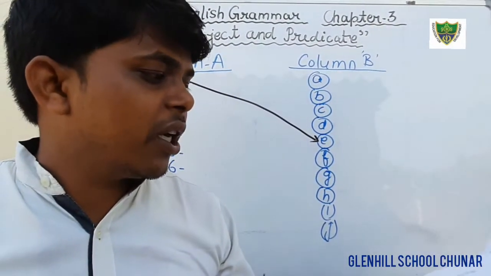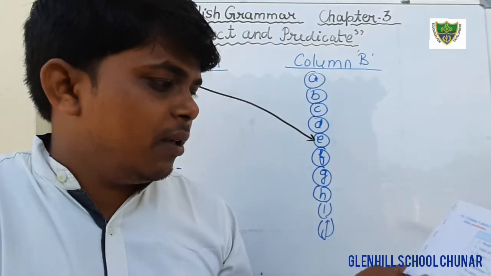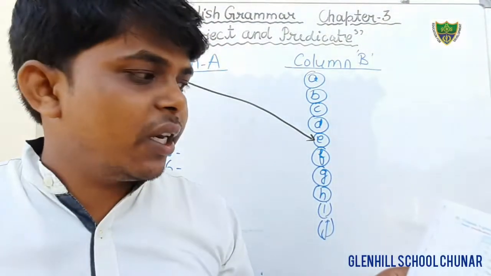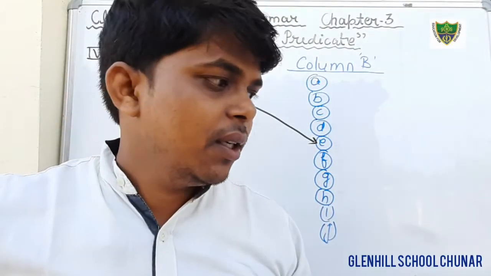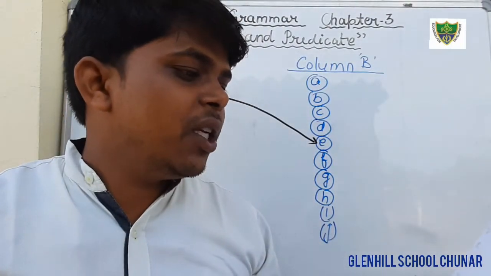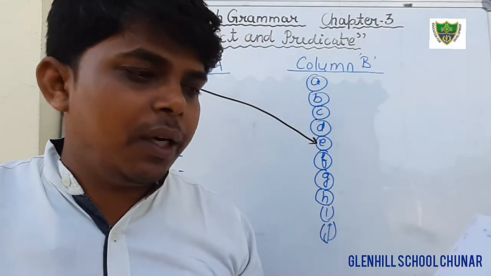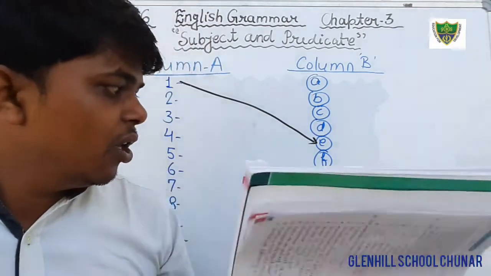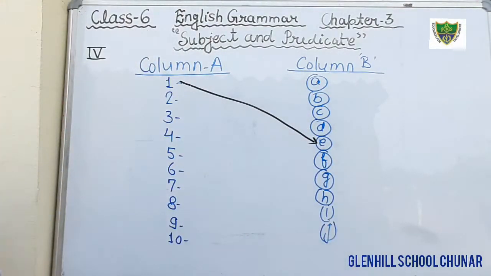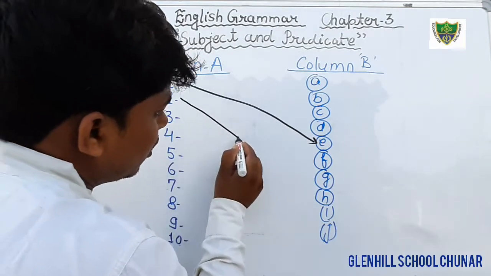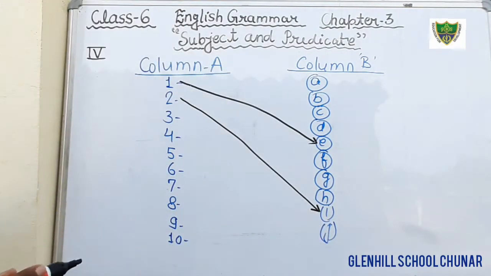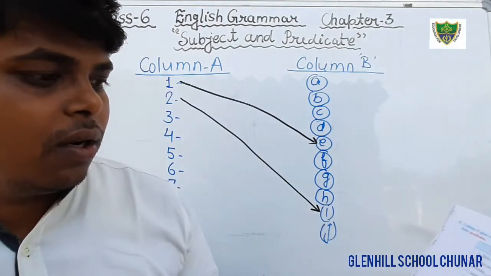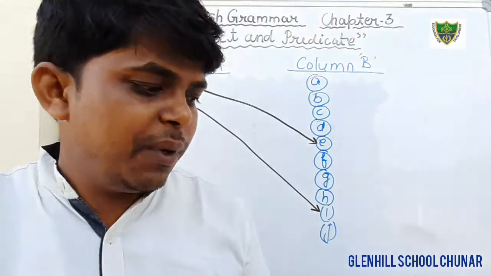And question second, Indian farmers. In the second question the subject given is Indian farmers, and we will match it with the predicate given in option I, are hard working people.